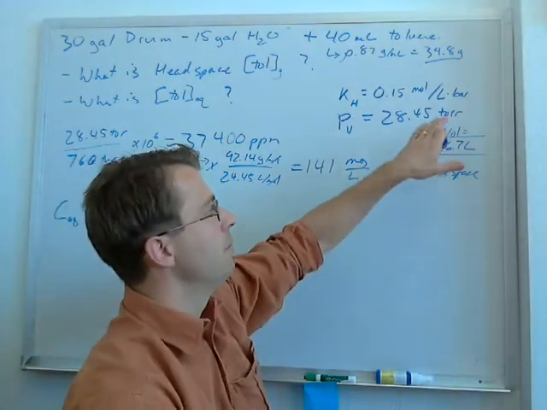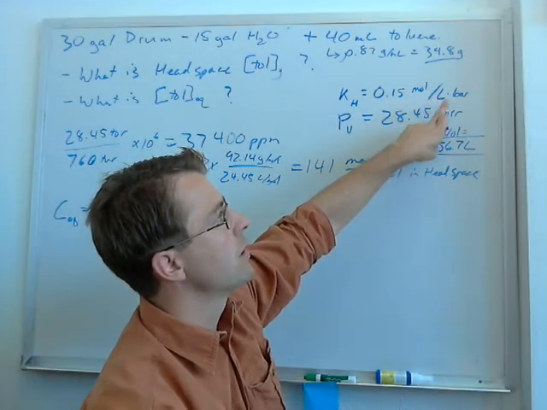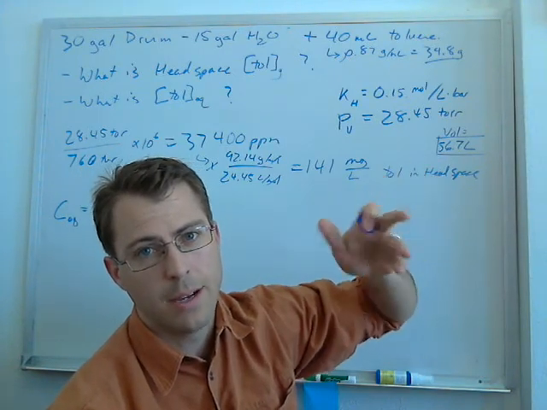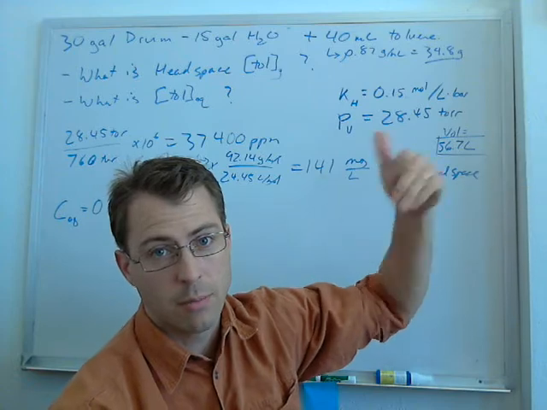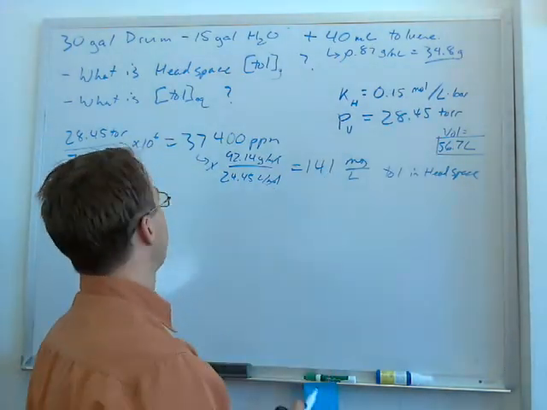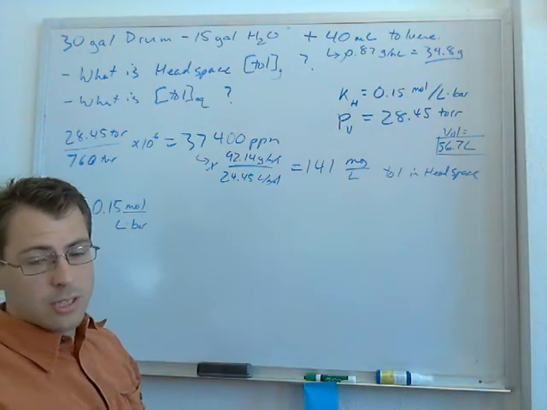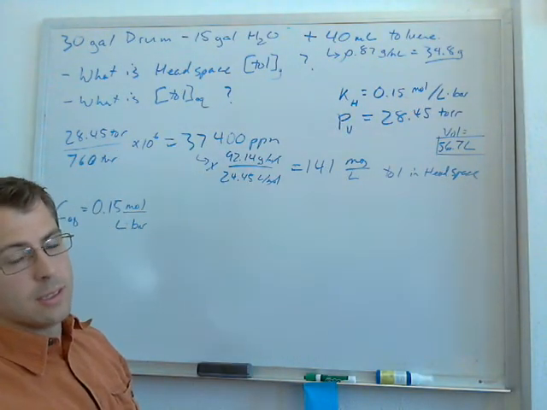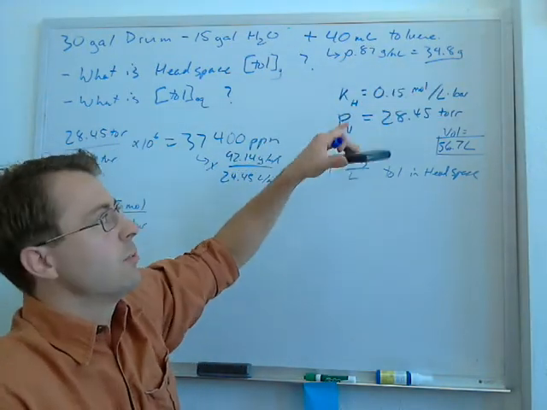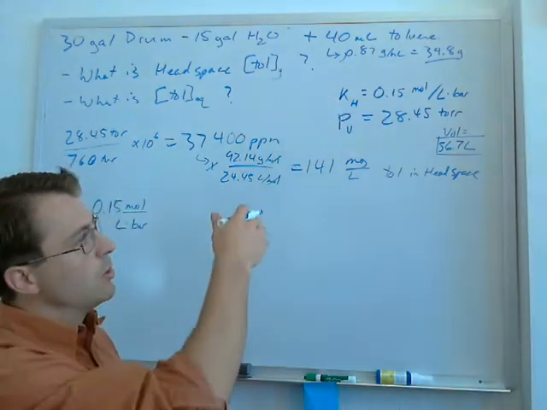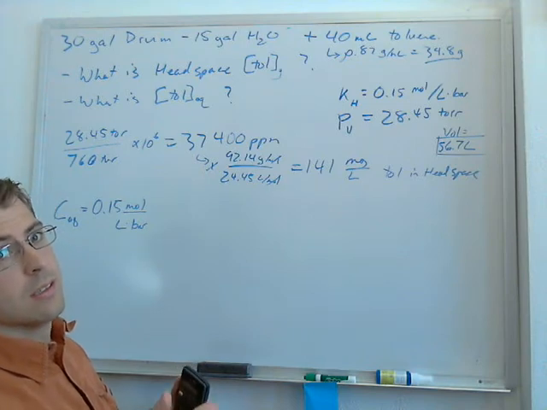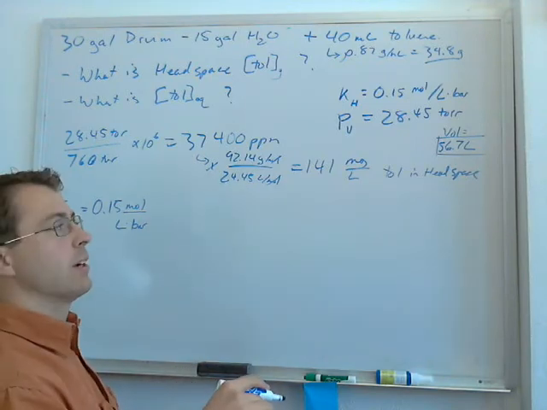Sorry, I didn't know that this is given in moles per kilogram bar by NIST, but because it's water, we can simply multiply by the density, which is 1 kilogram per liter, and convert this into moles per liter bar. So you could do that for any solvent. You just have to multiply by the appropriate density. Water is 1. Hexane or toluene is 0.87. So if we were dissolving into toluene, then we would multiply that constant by 0.87. It would get smaller, but then it would be expressed in liters per liters instead of per kilograms.